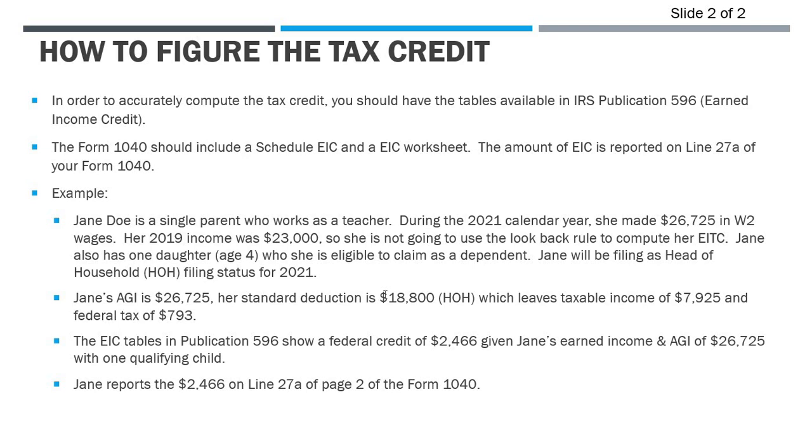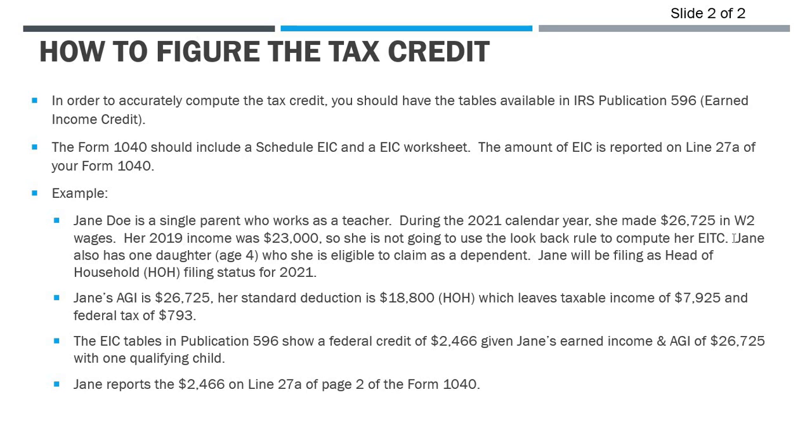And the reason we're highlighting this, of course, is maybe the look-back rule, right? Now, she's not going to use the look-back rule because her 2019 income is lower than 2021. And again, you can only use it if it's higher, right? So she's not going to use the look-back period. Again, 2020 is ignored. That's not relevant here. So for 2021, this is going to be the figure that she's using for her earned income.